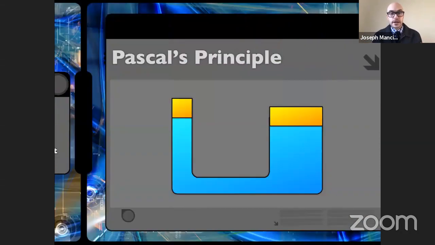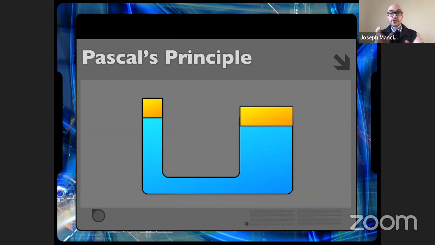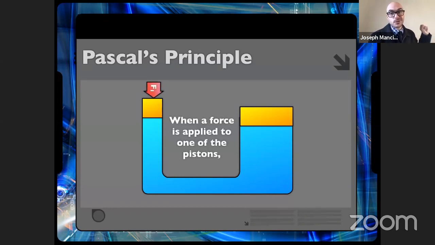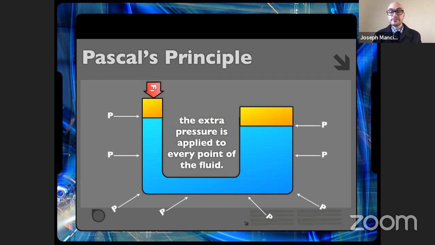So right here, you see a two-dimensional cutaway of a three-dimensional, I tried to make a U-shaped tube with uneven sides. Those yellow rectangles on either side, those are movable pistons that can move up and down. When a force is applied to one of those pistons, when extra pressure is applied to the left piston, that extra pressure, that extra force per unit area is applied everywhere against the walls of that tube, against the other piston.